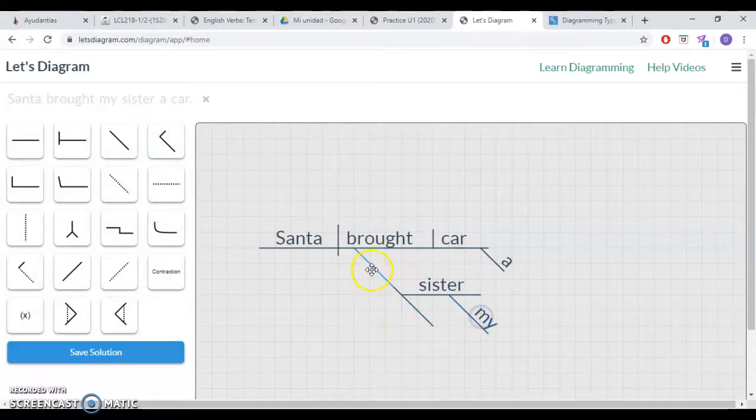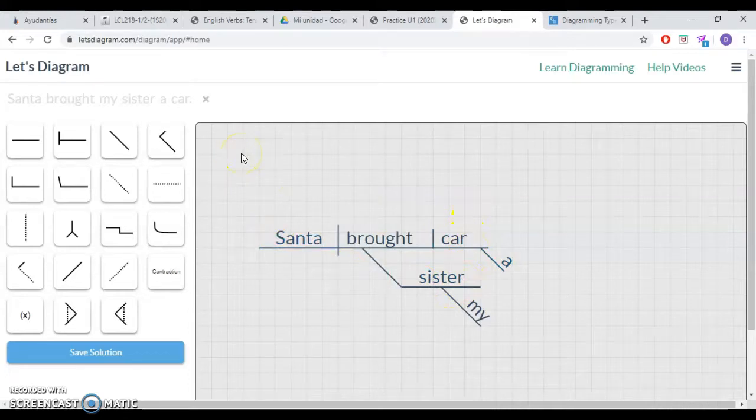Okay, actually this could be deleted, and I'm going to do this. If only, there we go. Okay, and this is the position of the indirect object. You have the subject, the verb, the direct object, a car, the one being affected by the verb, what is being brought, a car, to whom, my sister. Okay, you have those two elements after the verb.